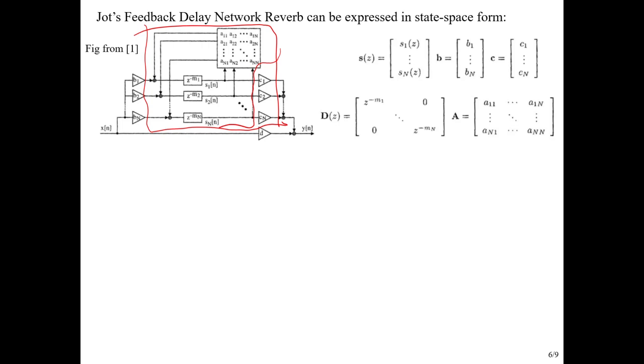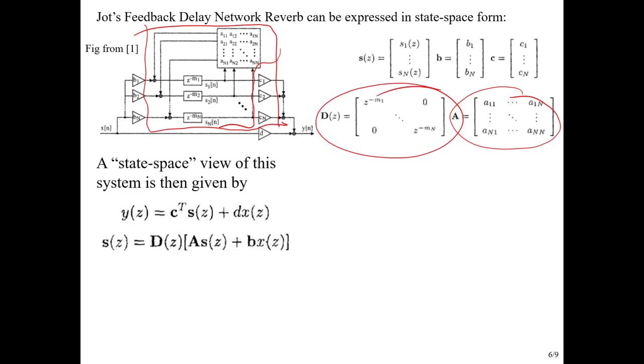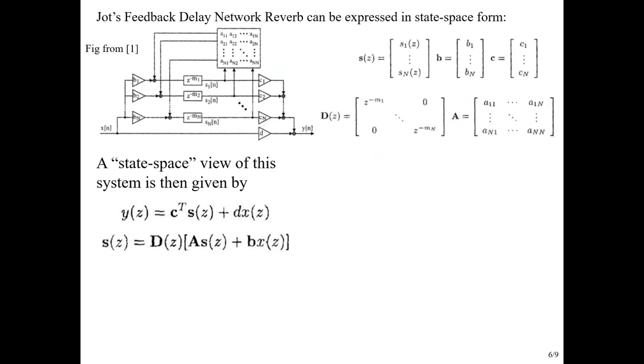So we can characterize that in state space view. We've got the A matrix here, we've got a D of Z matrix here. And if we write this out and look at this carefully, this is how we think about this in state space view. So this is the state model.